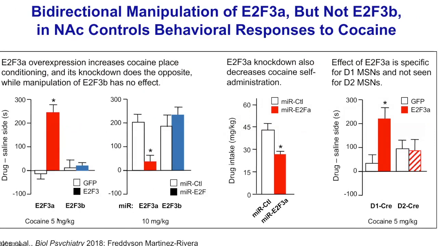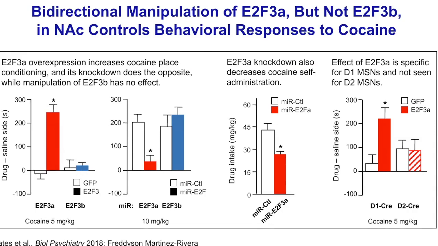So using a low dose of cocaine, where a control animal shows very minimal responses to cocaine, in animals that are overexpressing E2F3A in the nucleus accumbens neurons, there's a robust rewarding response to that low dose of cocaine, no effect when E2F3B is overexpressed.